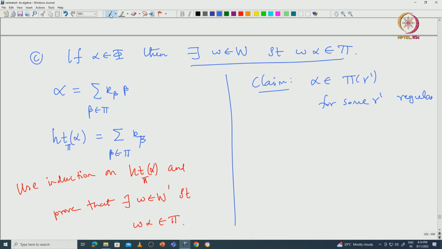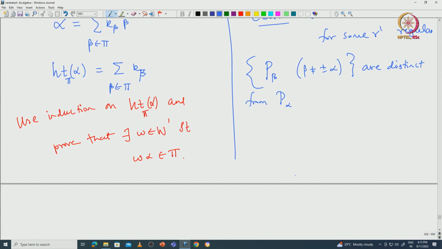So, in particular these P_beta, when beta is not equal to plus or minus alpha, these planes are all distinct from P_alpha. So, in particular P_alpha cannot lie inside the union of P_beta where beta is not equal to plus or minus alpha.